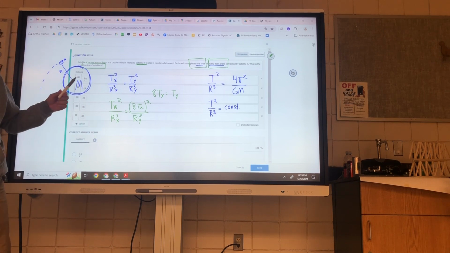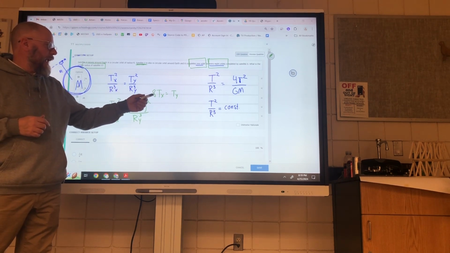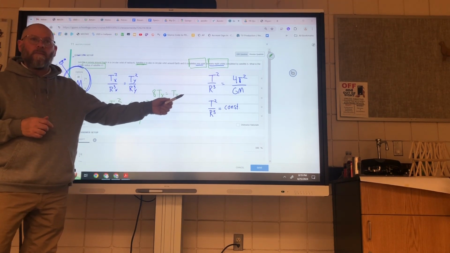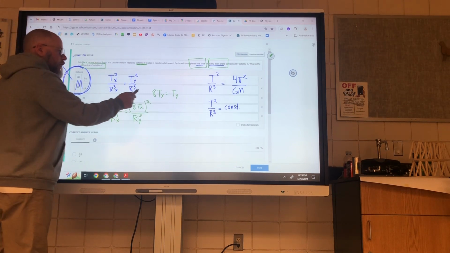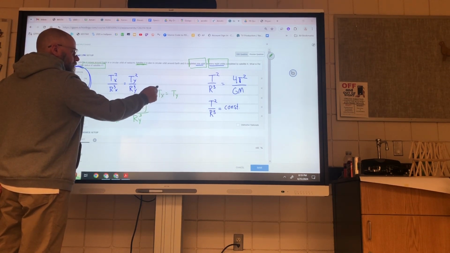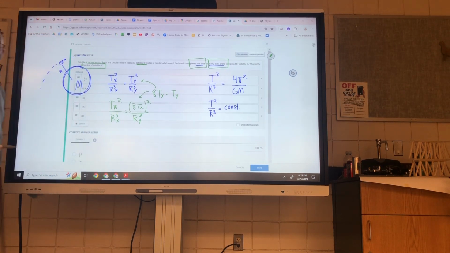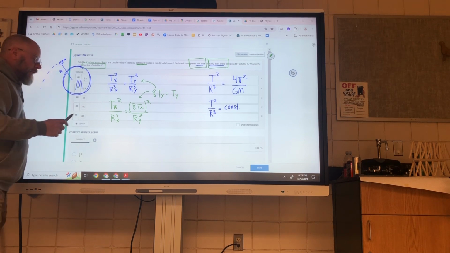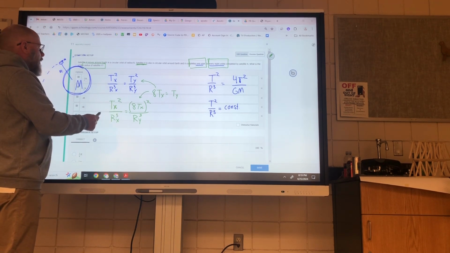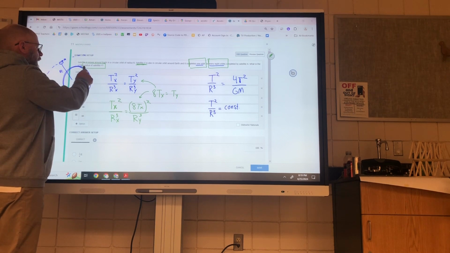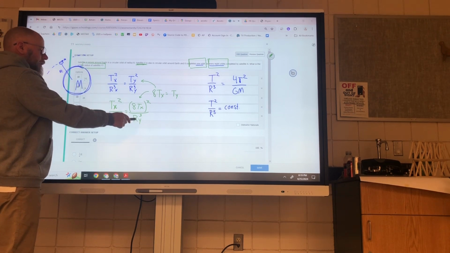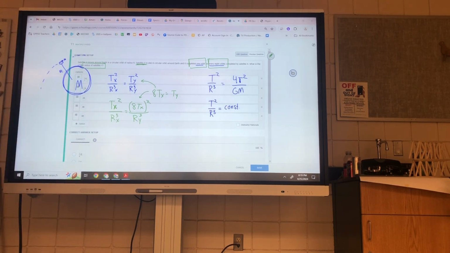Then, using our powers of reasoning, we decided that 8tx was equal to ty, and so I substituted that in for ty right here. Is that cool? That's how I ended up with that. Sound good? Now, what I find hard about this is we've got to solve for the radius, we've got to solve for ry. Does that make sense? Yeah.